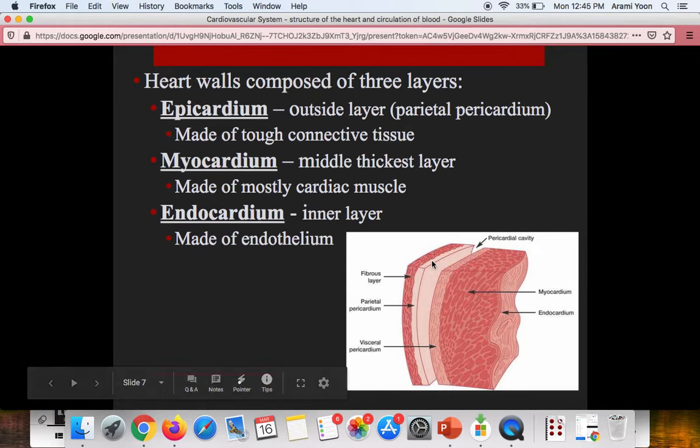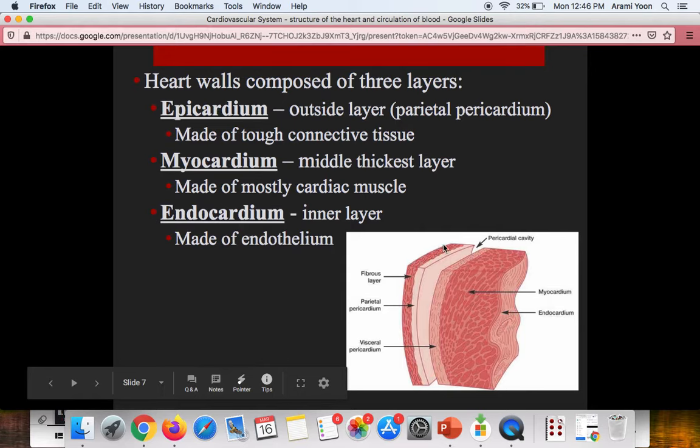the heart. External to that, you have the pericardium right here. Now, the pericardium is actually in 2 parts. There's this pericardium out here, and then there's this pericardium out here, and then this is also called the endocardium. It gets complicated. Here's all you really need to know. Myocardium, inner layer is the endocardium.